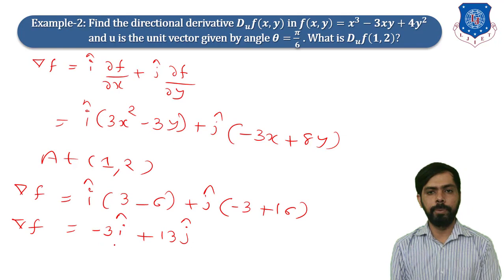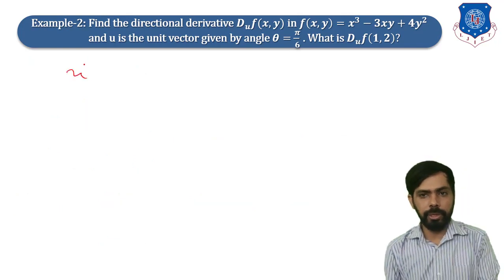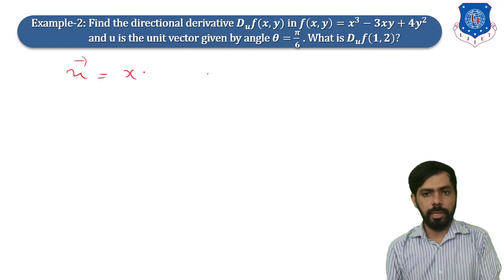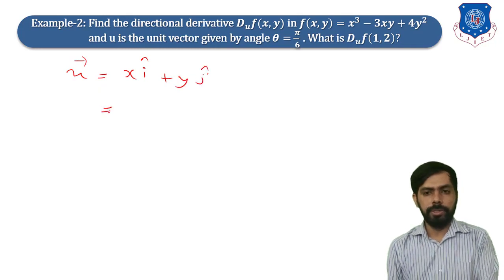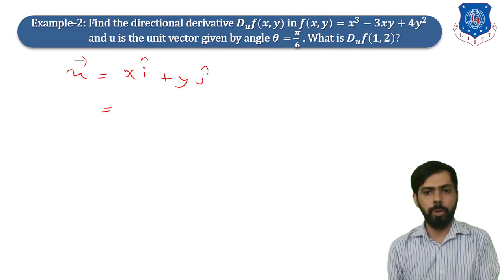Now in this example, to find the unit vector given by angle theta equal to pi by 6, first of all we will write u as x i cap plus y j cap. Now it is given that angle theta is equal to pi by 6. So for that purpose we will convert this into polar coordinates.